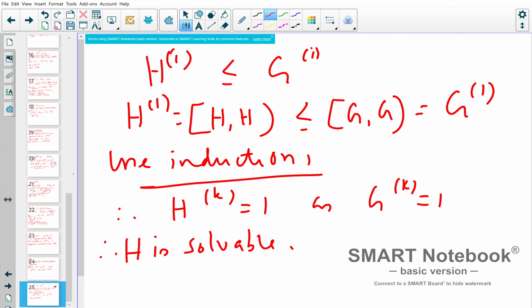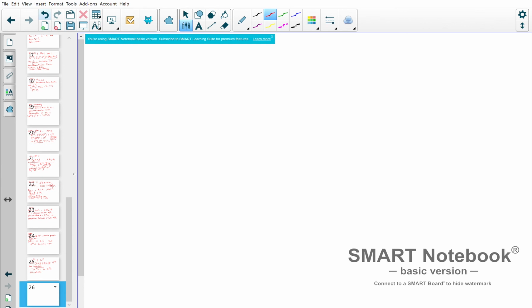So a subgroup of a solvable group is always solvable. Okay. Now similarly, you can ask whether a quotient group, an image of a solvable group, is solvable or not. They are all solvable. So maybe I can write down a general statement.